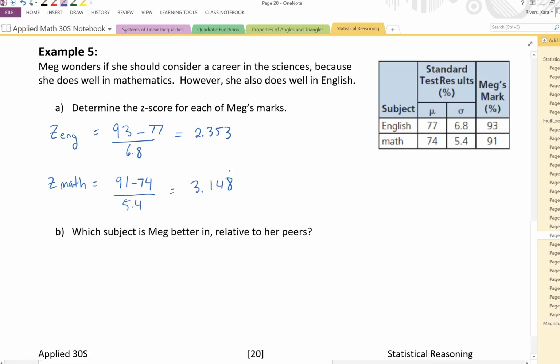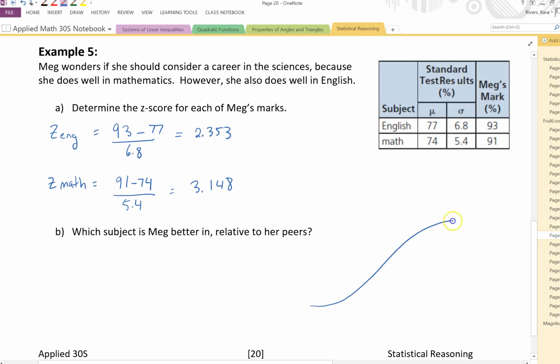So the nice thing is even though the actual scores and the actual data are quite different, when you get them to be z-scores, which is the reason why we use z-scores, you can actually now compare the results. These are the same normal curves that we're fitting them to, and we can see that her English mark fits lower on the normal curve than her math mark.